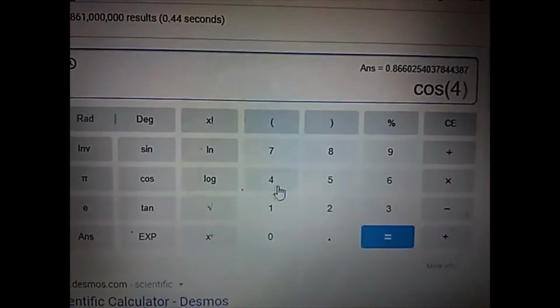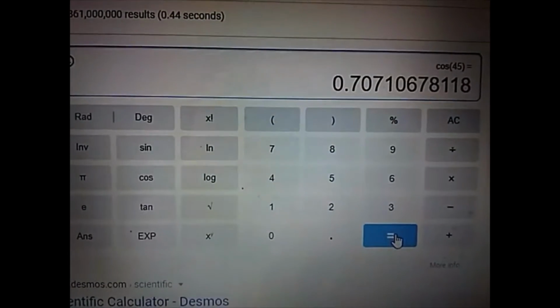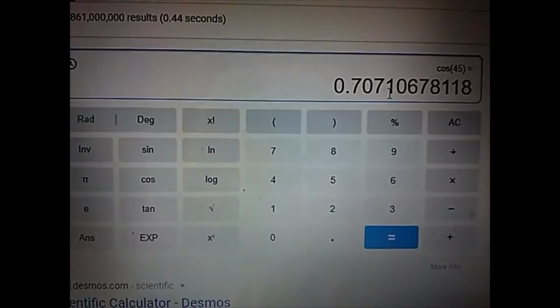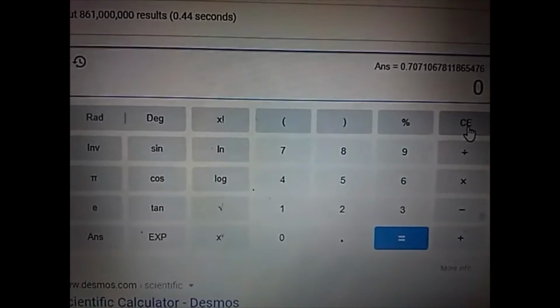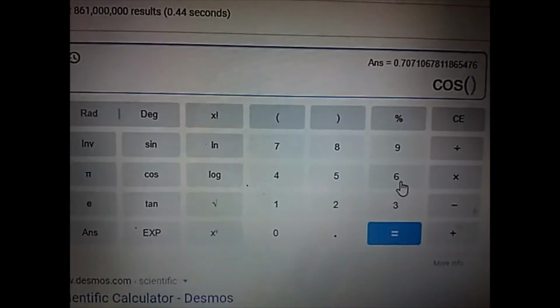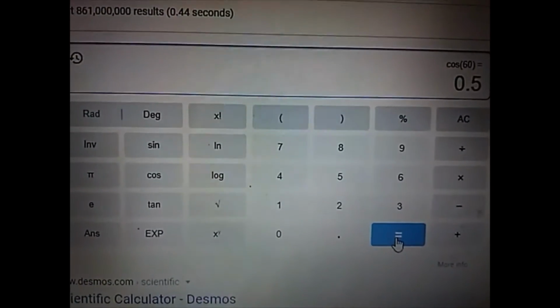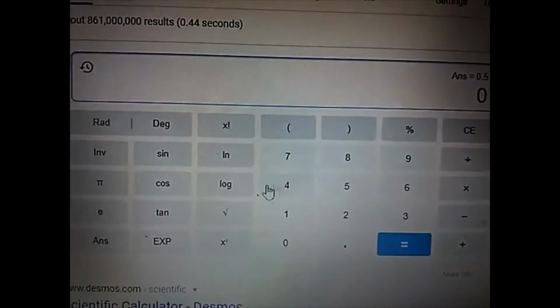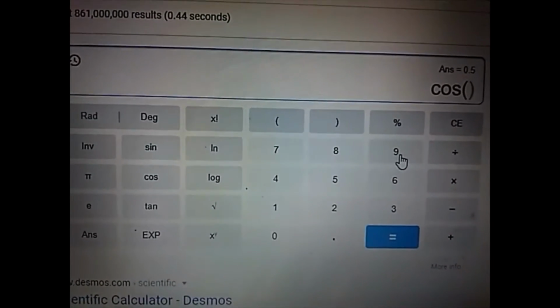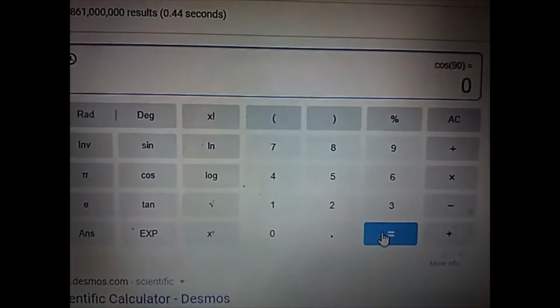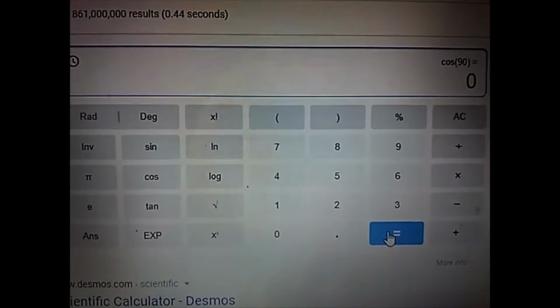The cosine of 45 degrees is this number, which is the same as sine of 45 degrees. And the cosine of 60 degrees is exactly a half, which is the same as sine of 30 degrees. And the cosine of 90 degrees is 0.